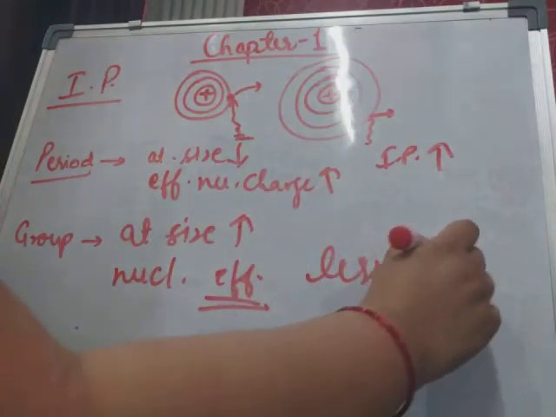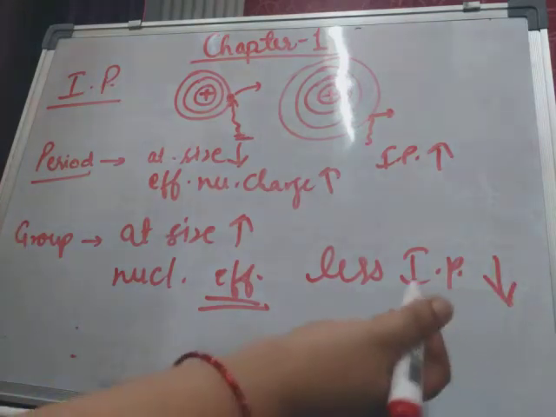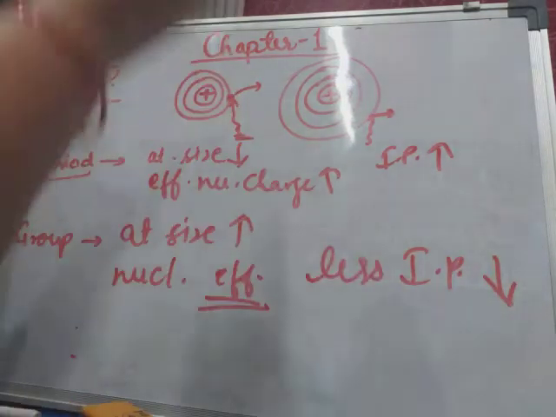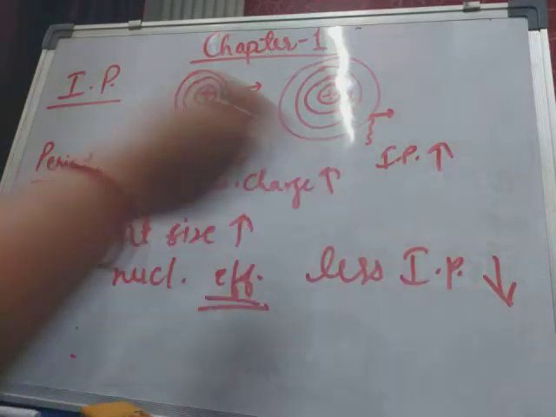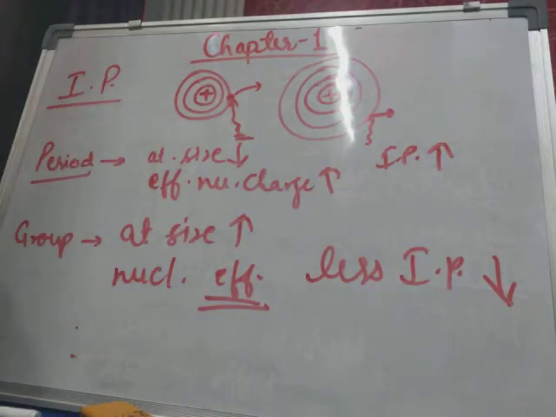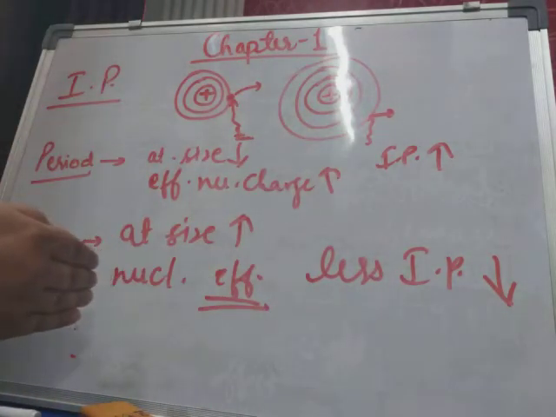It means ionization potential decreases when atomic size increases. Since atomic size is increasing from top to bottom in a group, the energy required to remove an electron will decrease.